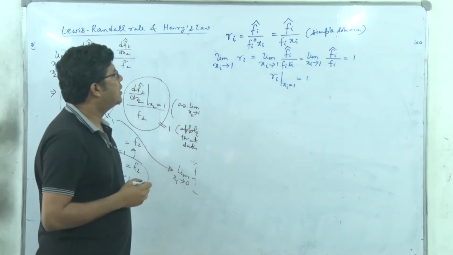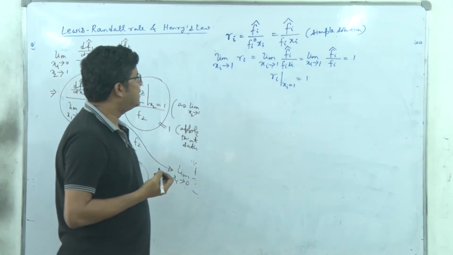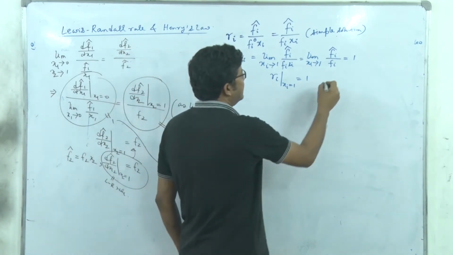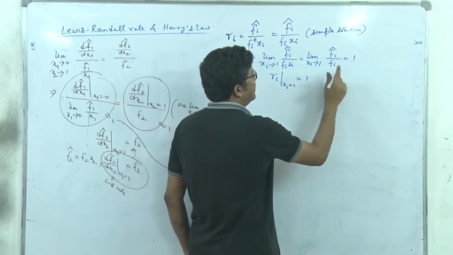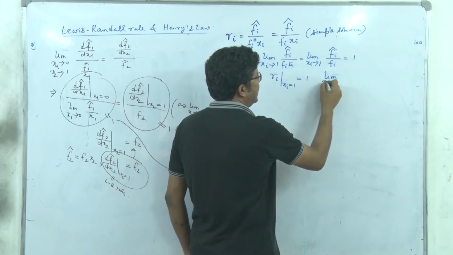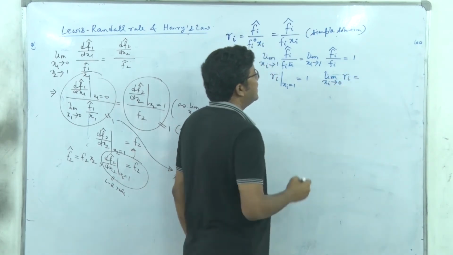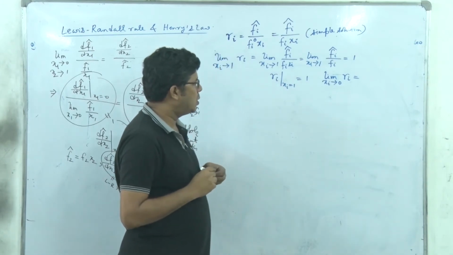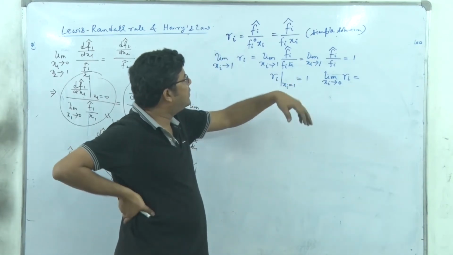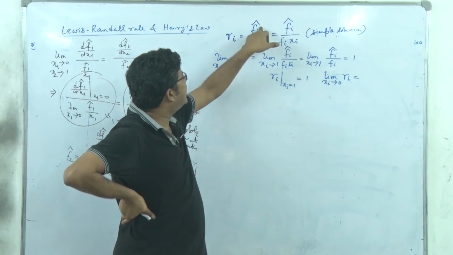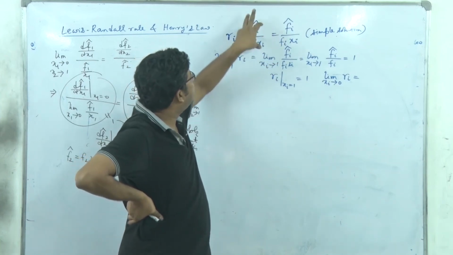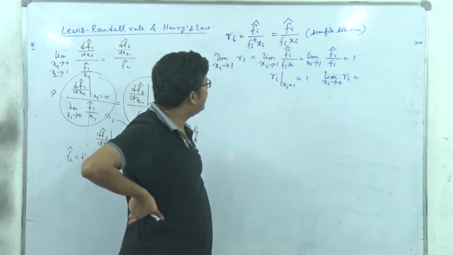Now alternatively, when xi is tending to 0, gamma i we actually don't know; there is no universal value, because this becomes a typical 0 by 0 form.